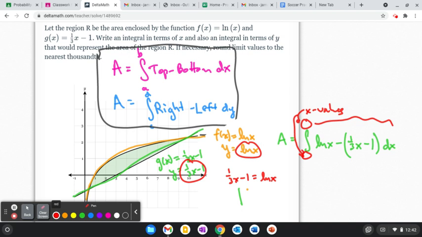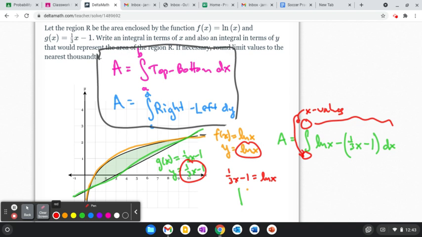I got some stat plots on here, so I have to change this really quick. Sorry, it's taking a while. I had to get rid of those stat plots. All right, so we'll graph it, and do second calc intersect.